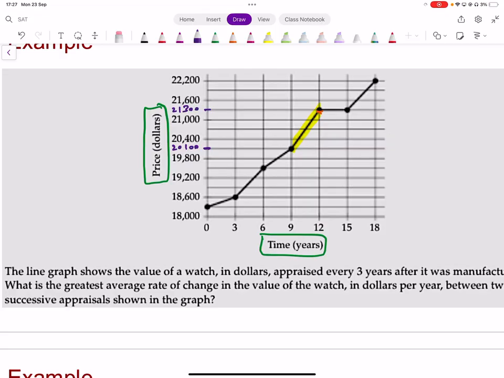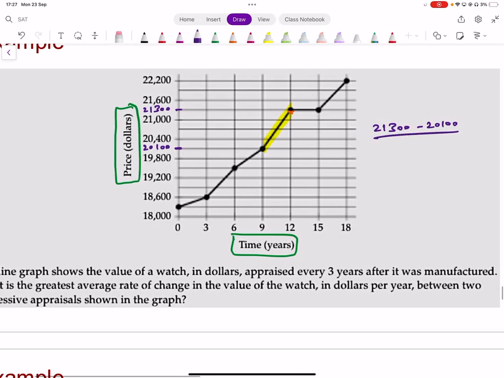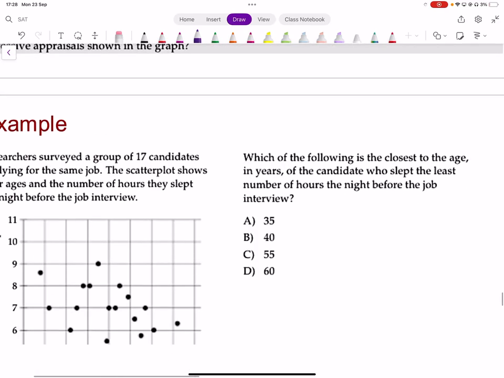What's the gradient? What's the rate of change per year now? 21,300 minus 20,100, right? Y2 minus Y1 over X2 minus X1, that's 12 minus 9. And that should give you the result. You can see what that is. What's this? 400. That's the rate of change. That's the average rate of change per year. Make sense? No problems? Okay, let's try another one.